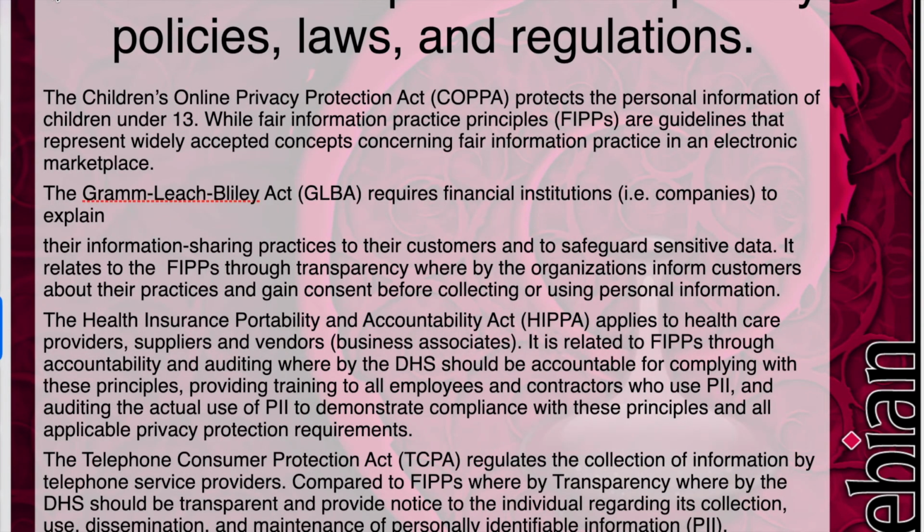Talking about how FIPPs compare to other privacy policies, laws, and regulations: the Children's Online Privacy Protection Act protects the personal information of children under 13, while fair information practice principles are guidelines that represent widely accepted concepts concerning fair information practice in an electronic marketplace. The Gramm-Leach-Bliley Act requires financial institutions to explain their information-sharing practices.